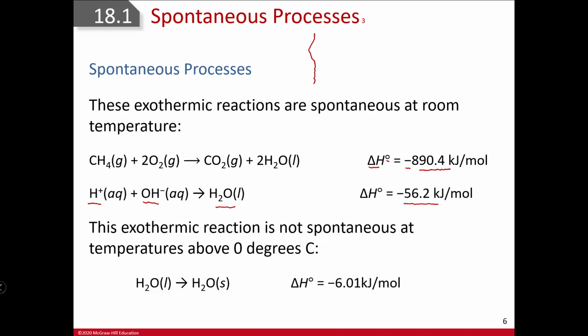Let's see if this works better. This is just part of it. For both of these reactions, the reactants are here in energy, this is the reaction progress, and the products are here.